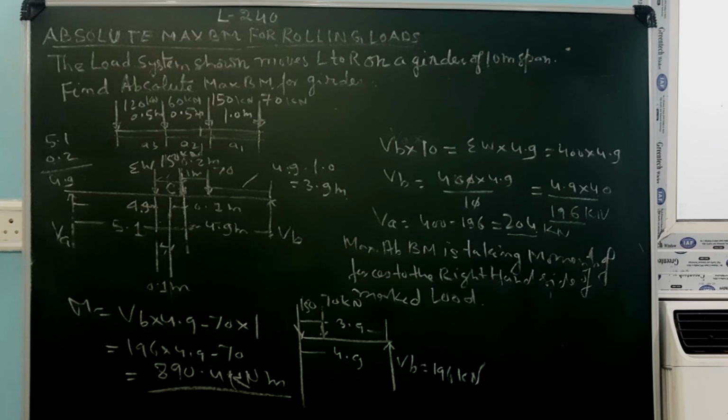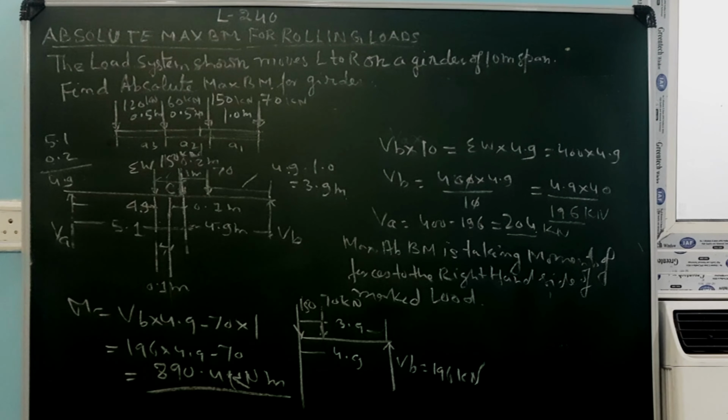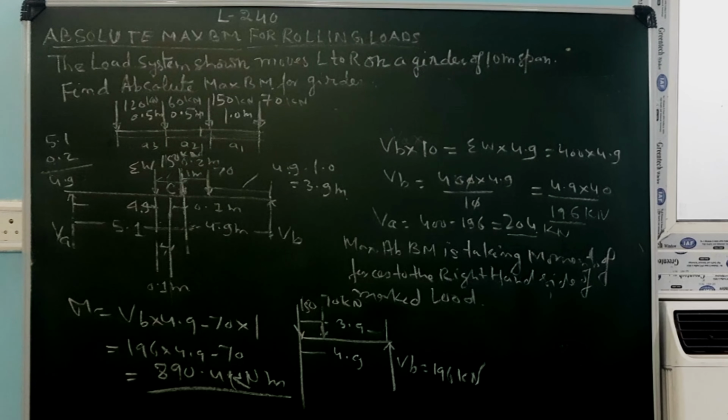I think you have observed it step by step, and you can always find out the absolute maximum for any given rolling loads. If it is asked in the question with respect to some load, then you find with respect to that load. If it is not asked, then mark the maximum load and do it in the same way which I have done step by step. Thank you for being with me. Thank you very much.